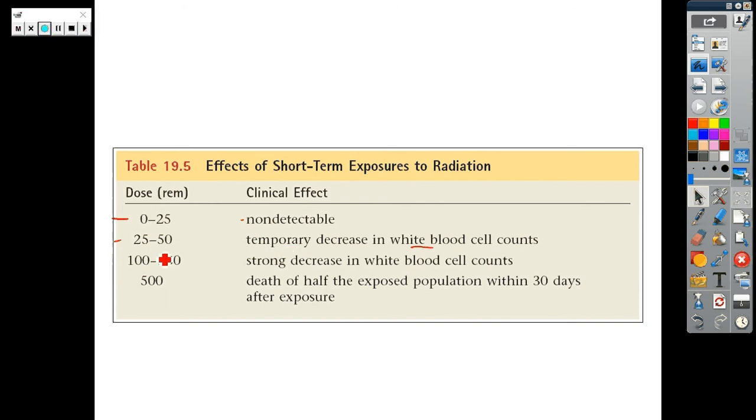So a decrease in white blood cell count is not really going to kill you, but the complication would be that, if you get a really strong decrease in white blood cell count, the common cold might put you under. So you've got to watch out for that. And then they jump up to a humongous dose of 500 rems, and once you start getting into multiple hundreds of rems, then we're talking about probable death here.